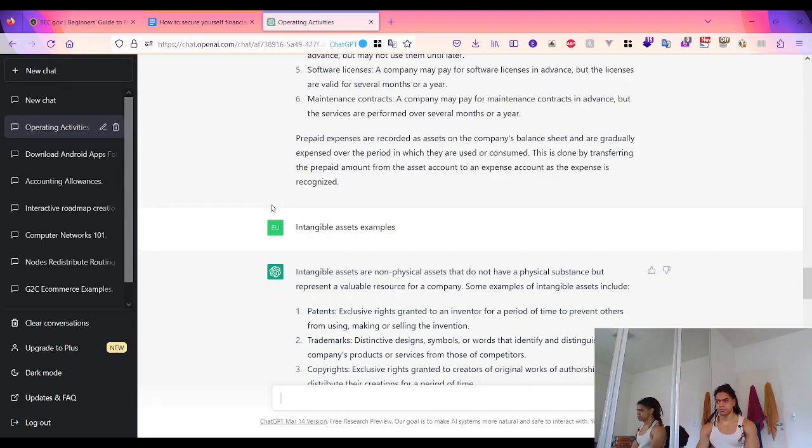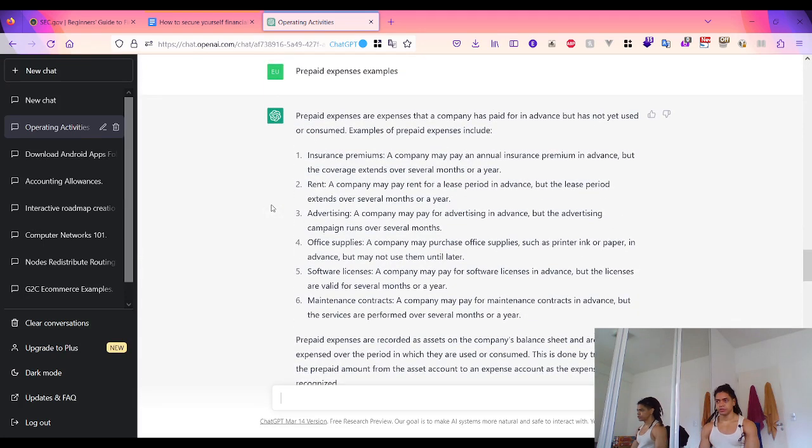So advertising, office supplies, software license, and maintenance contracts. This is the most common example of prepaid expenses.